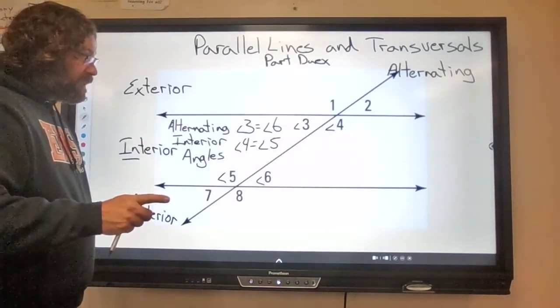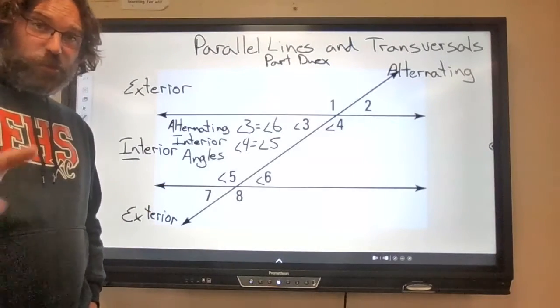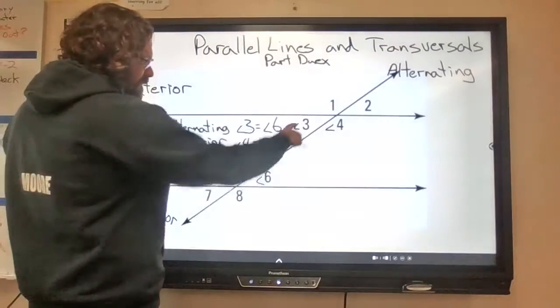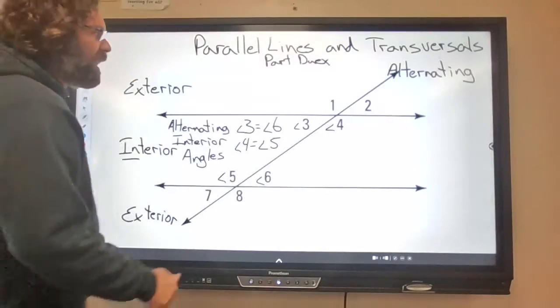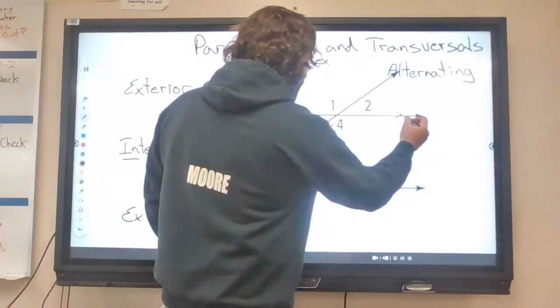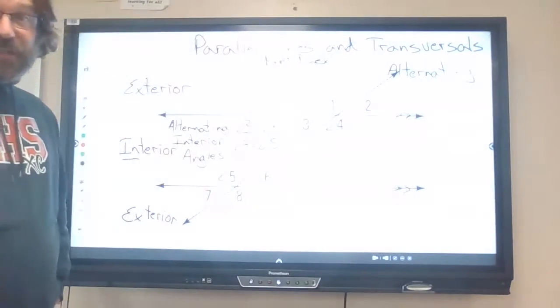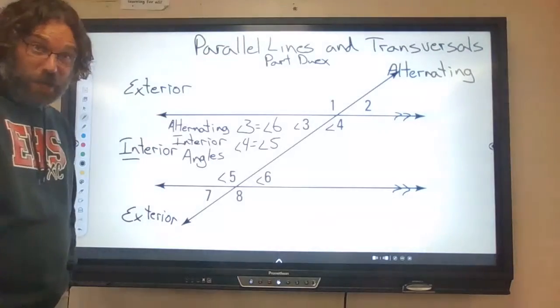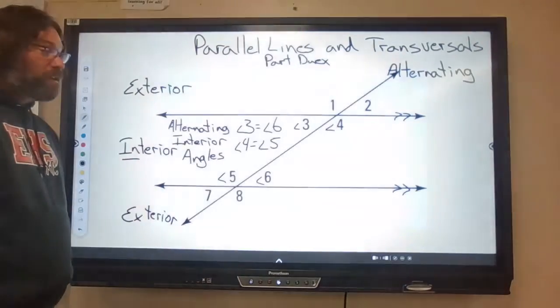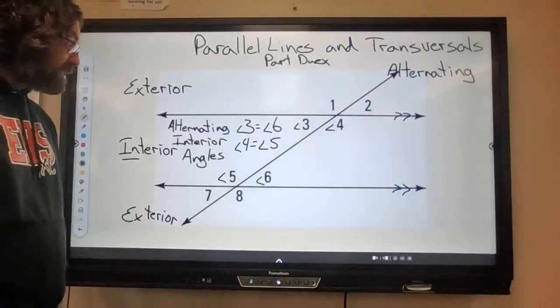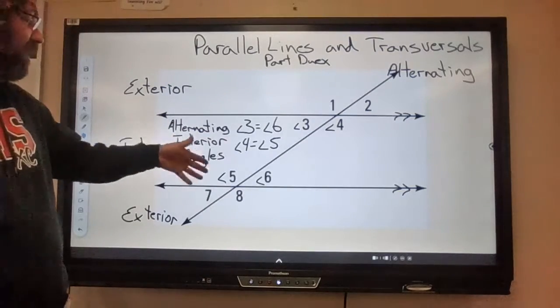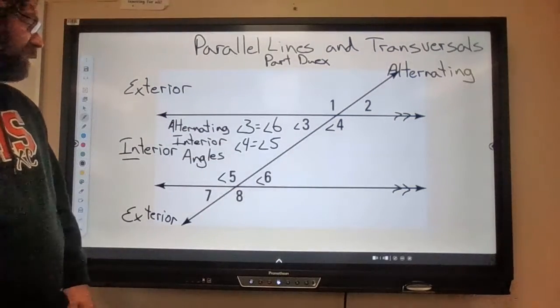So, instead of measuring, you can say, I know these two are the same because I know that I've got parallel lines, and I just infused a little notation in there. Pay attention to that. Those notations mean you've got parallel lines, and I've got alternating interior angles.